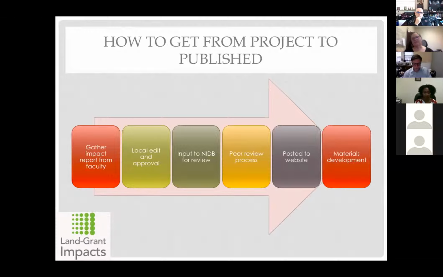And once it goes to the website, it's not just a black hole of nothingness where your impact statements sit. We actually do things with those. At least once a year, there's a materials development team, a content team that consists of 2 communicators from every region within the system. We get together for 48 hours.